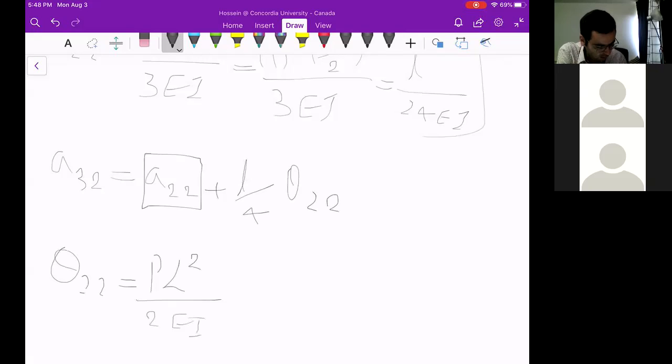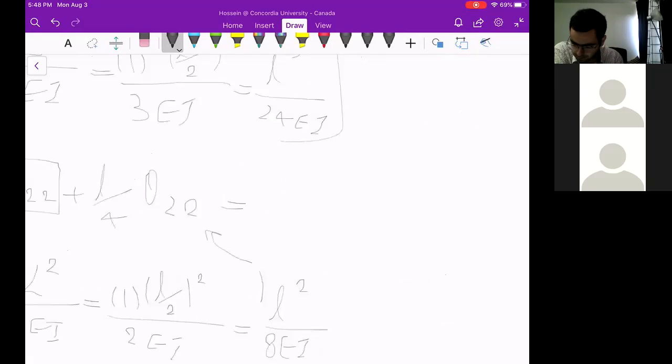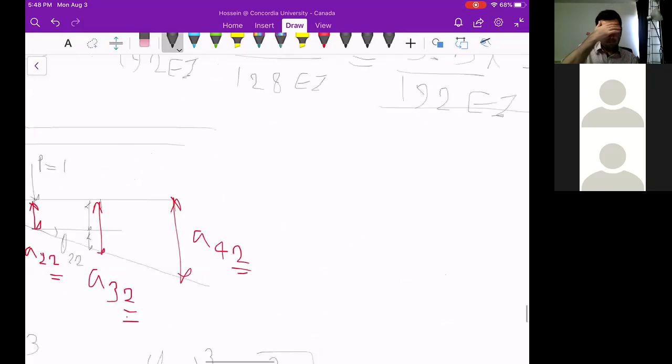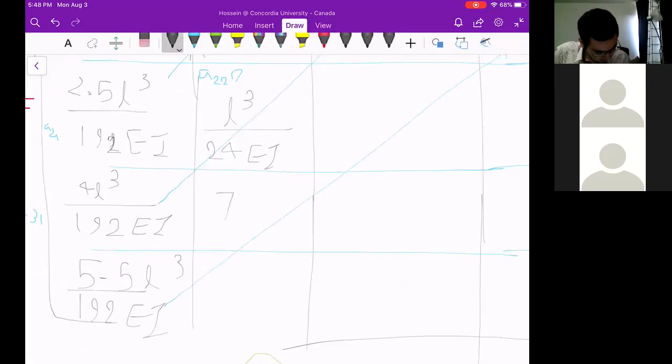P is 1, L is half L. If I plug in here, A32 is 7L cube over 96 EI.